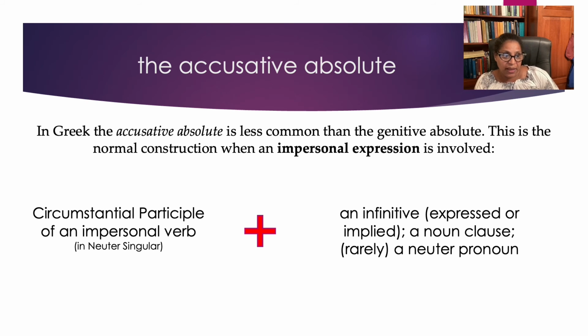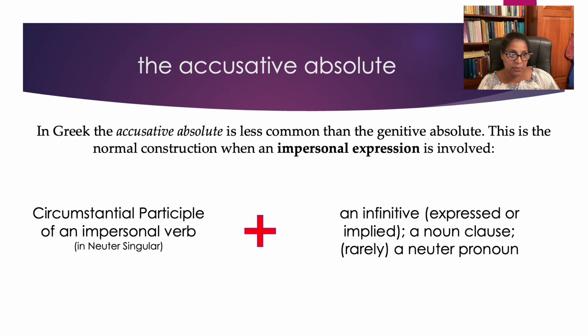Usually you have a circumstantial participle in the neuter singular of an impersonal verb, like dei, chrē, exesti, these verbs that are usually in an impersonal construction. And then with an infinitive, sometimes expressed, sometimes implied, or a noun clause, or sometimes, rarely, with a neuter pronoun.